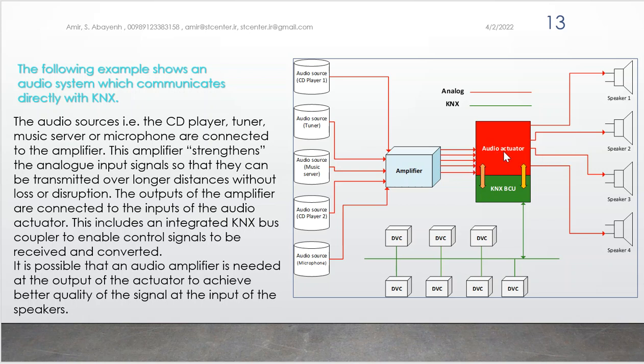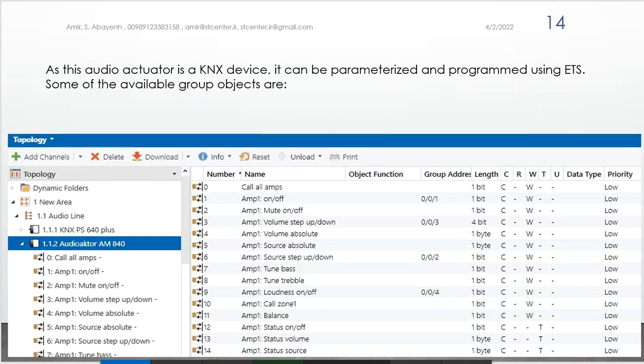These audio actuators are directly connected to the KNX bus coupling unit, and we can send and receive telegrams, or packets of data, to the audio actuators. Some companies like EGI or WHD provide such a product. So let's see what we have in the bus coupling unit of KNX as group objects.